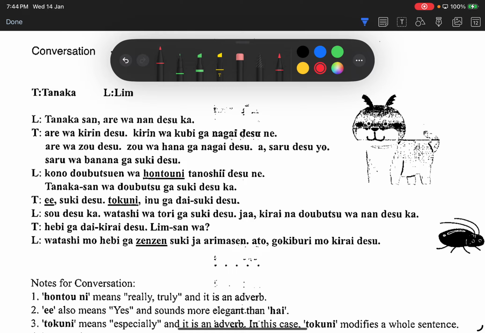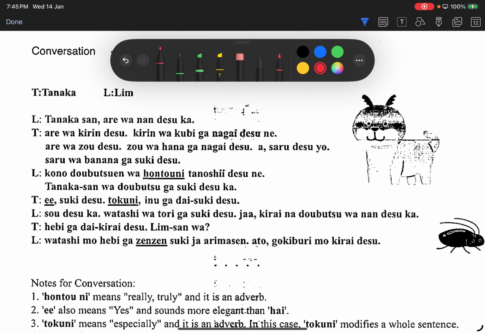saru, not saru. Saru. 動物園, the do is going down. 動物園. And then 楽しい, it's not flat, there's an up and down. 楽しい.